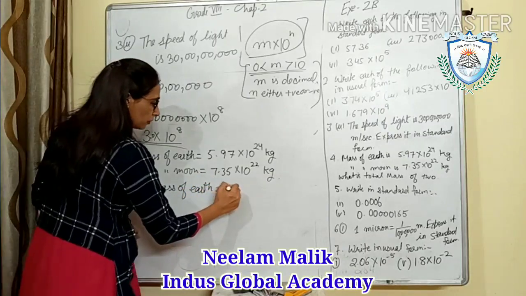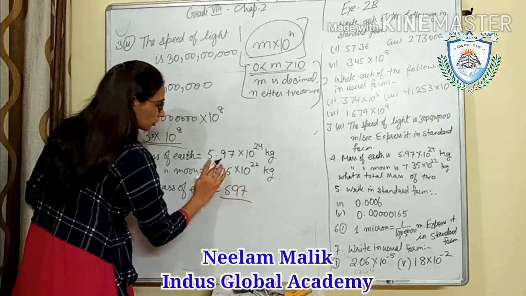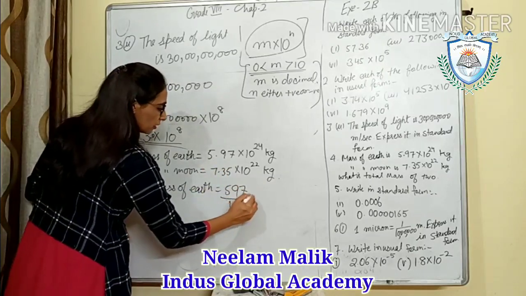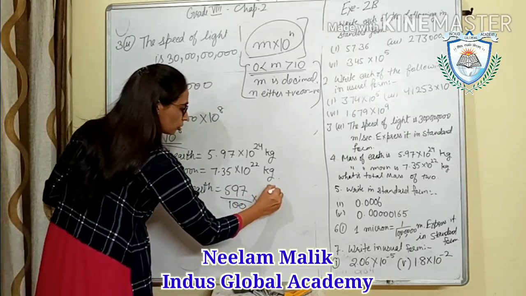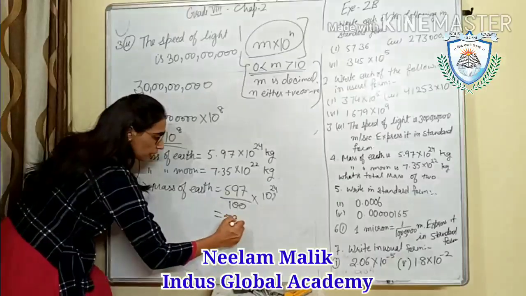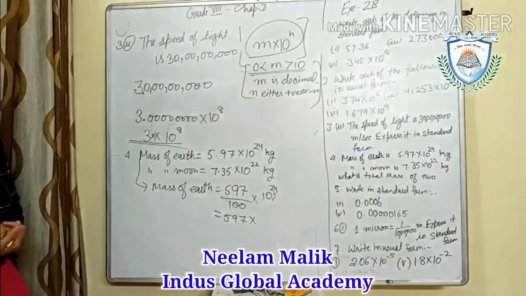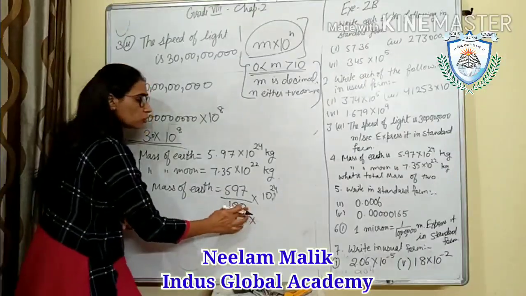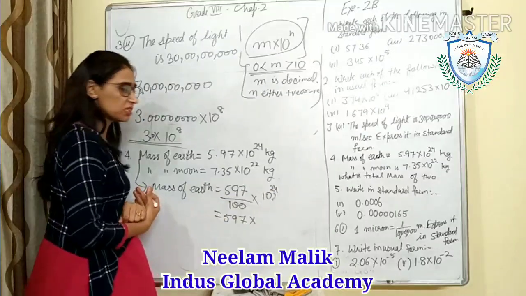That is 5.97. How can we write this? 597. Remove this decimal point. It will be divided by 100, times 10 raised to power 24. So it will be 597 multiplied by 100, we can say 10 raised to power 2, in division, so the power will be subtracted.